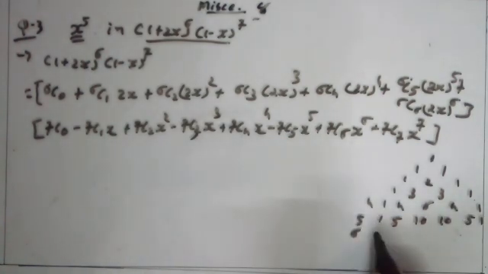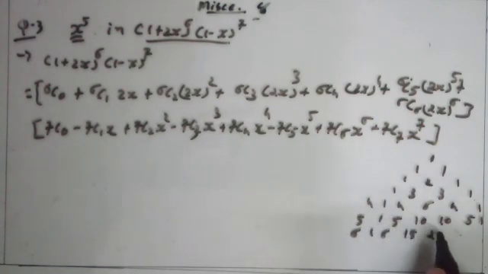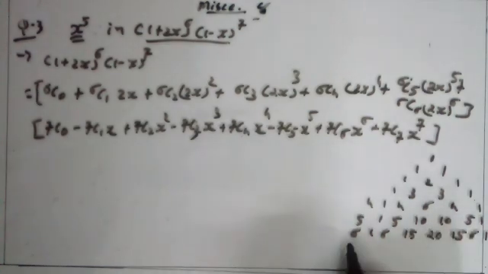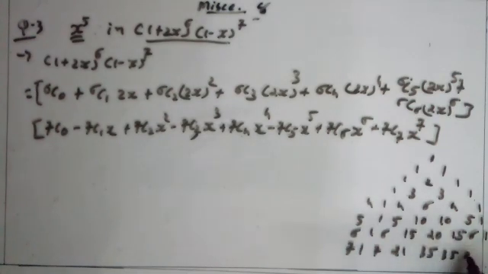For 6, 1 6 15 20 15 6 1, and for 7, 1 7 21, then here it becomes 35, here 35, and here 21 7 and 1.